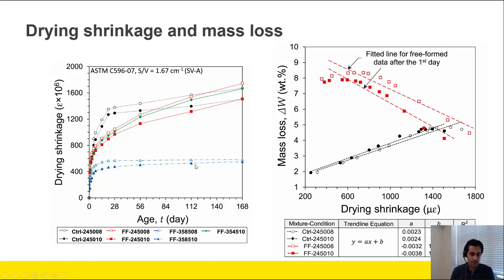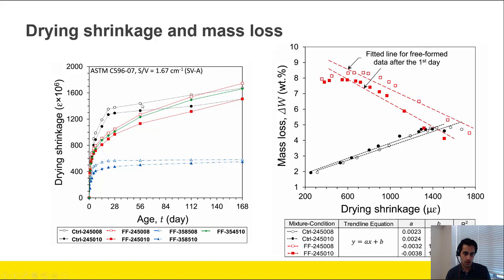But for the samples that we kept as free form, where we took out the samples after 4.5 hours and put them in the 85% humidity, you can see that the excess humidity can mask the effect of drying shrinkage, so not much drying shrinkage happens over time. And you can also look at the effect of the sand to cement ratio.